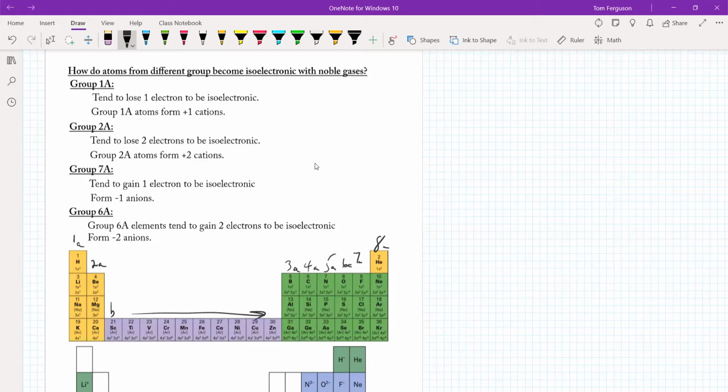We don't tend to look at the B's in terms of groups. They have the same kind of tendencies where the valence electrons are the same within the group. But they usually refer to groups 1A and 2A and 7A and 8A a lot.